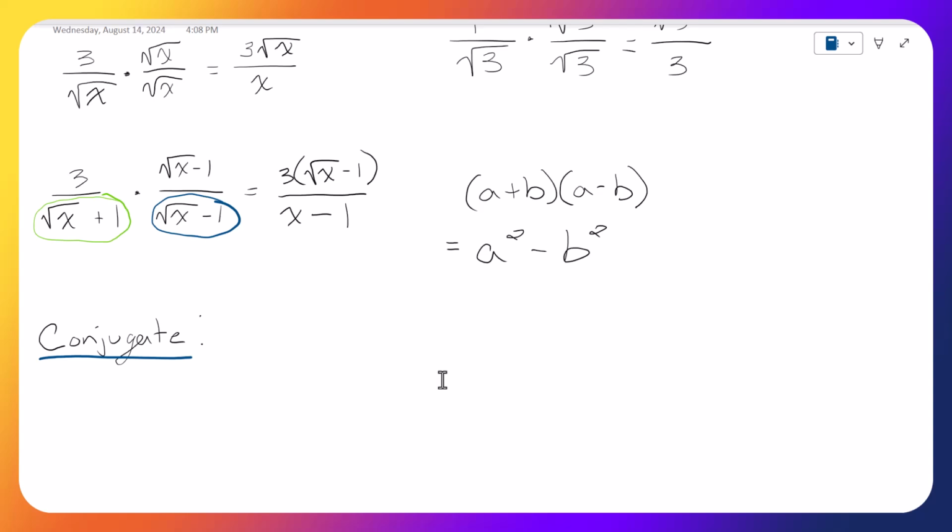But for our case, we're just going to deal with binomials. So our conjugate, really, what we need to know about is change the sign in the middle.